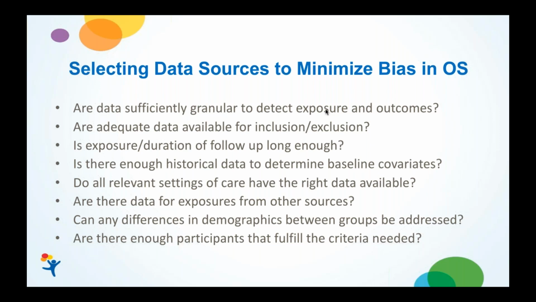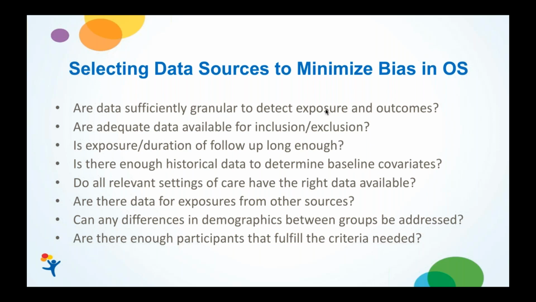Can you detect differences in demographics, or I wouldn't even say necessarily demographics, but any type of characteristics that are defining different populations, and can those differences be addressed? So race was an example that I gave before, that often is missing in certain data sets, or is misclassified, or classified based on the person inputting the data rather than the actual patient themselves.